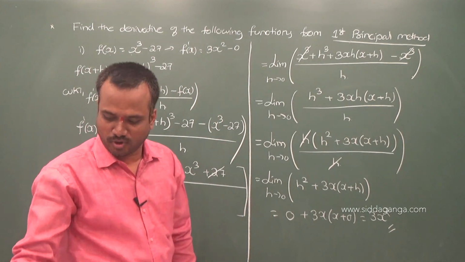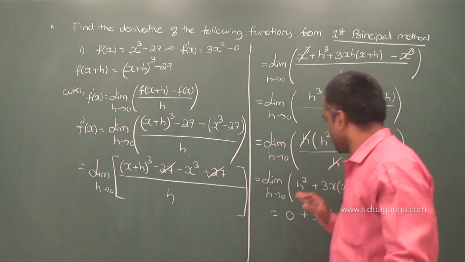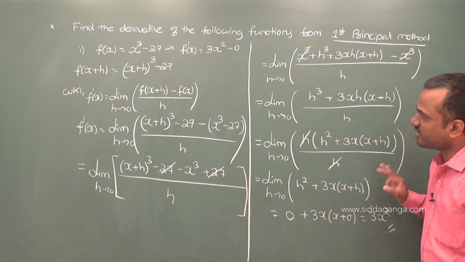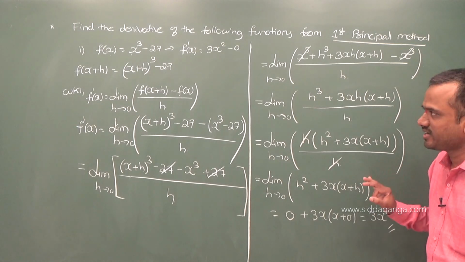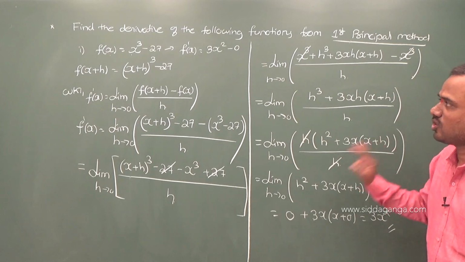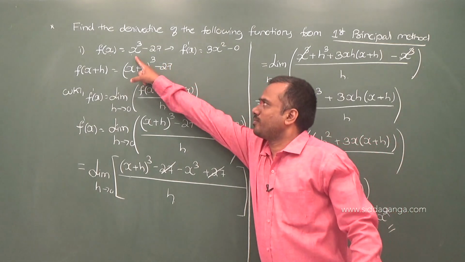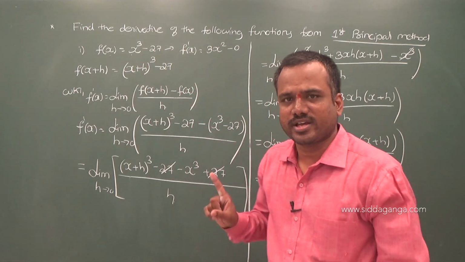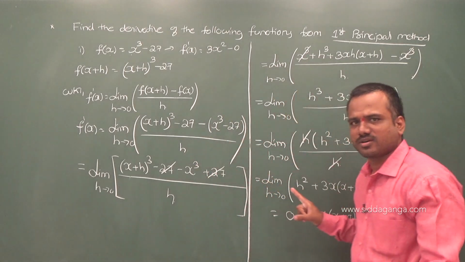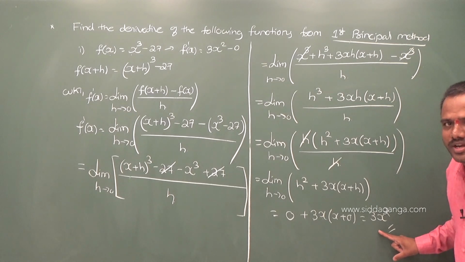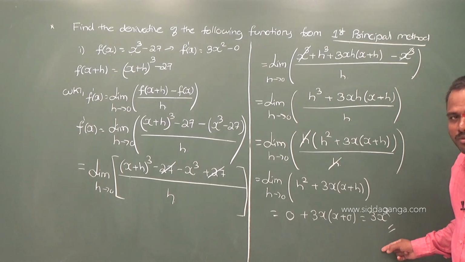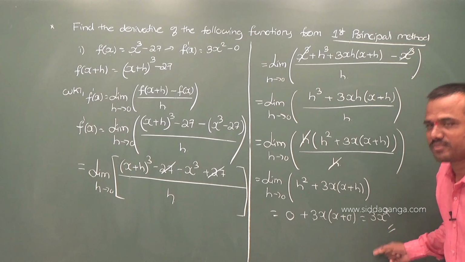Observe this problem very carefully, observe very well. This is a very important problem. First problem: find the derivative of x³ minus 27 using first principle method. Very interesting and very important problem.